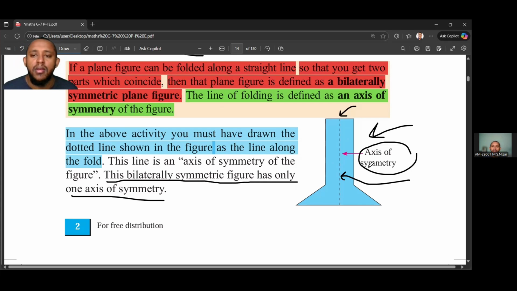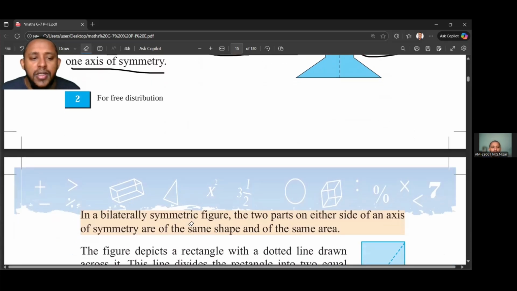No, you can't, because it won't be symmetrical. The fold won't give equal parts once you fold it through that perpendicular line. So we'll move on further.